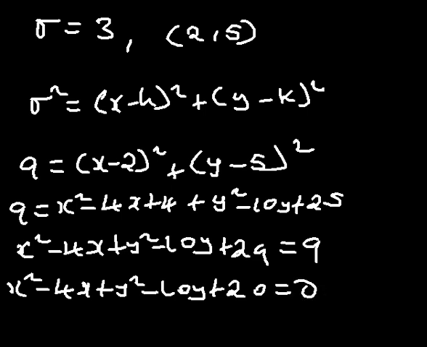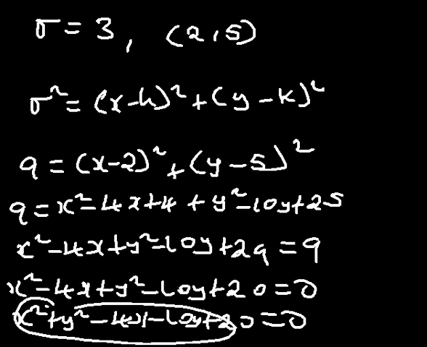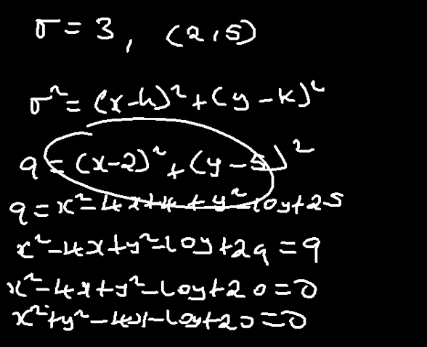And of course, we should express those with the highest degree power, having them together. So we have x squared plus y squared minus 4x minus 10y plus 20 equals 0. So now this is also another presentation of the equation of a circle, which means the equation of a circle can also be presented in this nature.